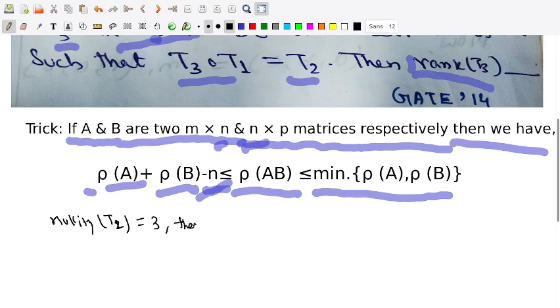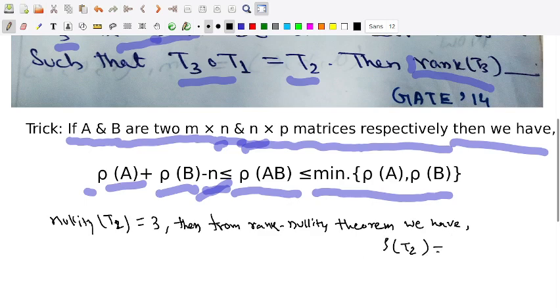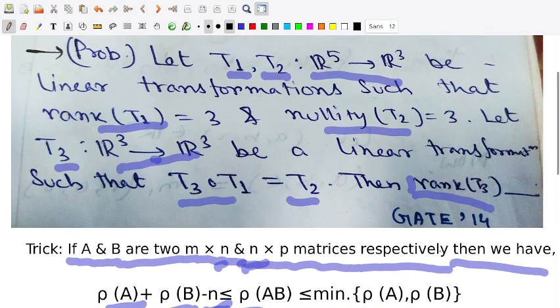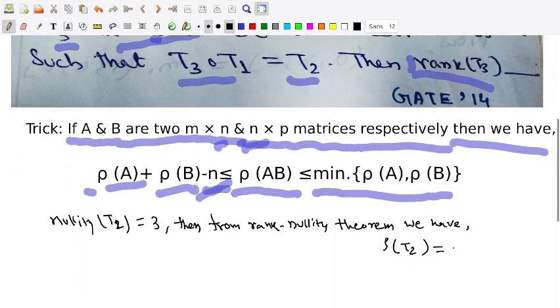Then from the rank nullity theorem, we have the rank of T2 is equal to what? T2 is a linear transformation from R5 to R3. That is, the rank of T2 is equal to 5 minus 3. That is 2.